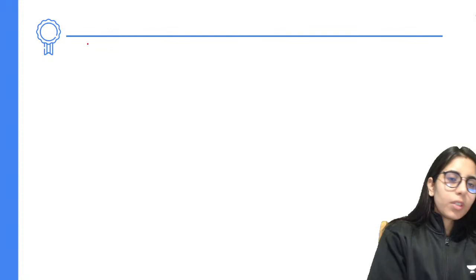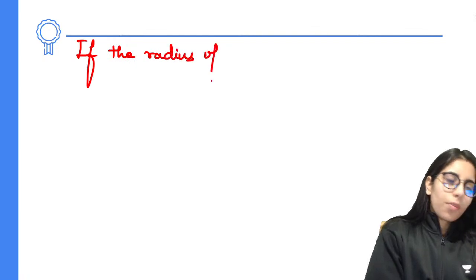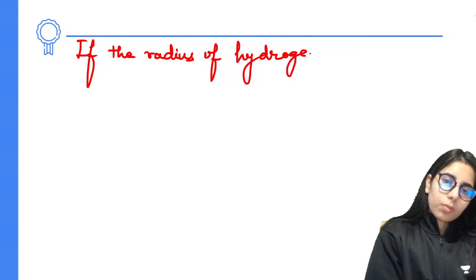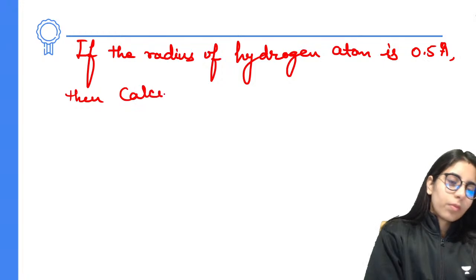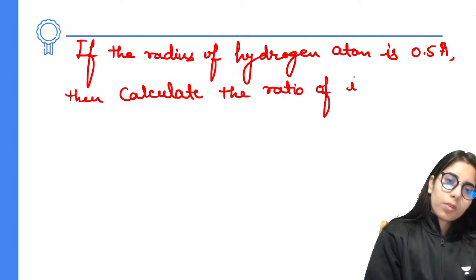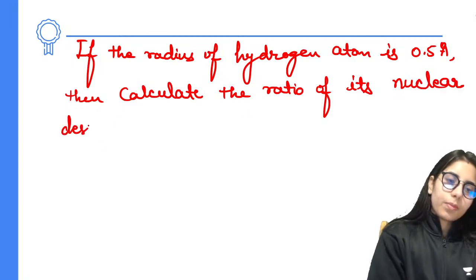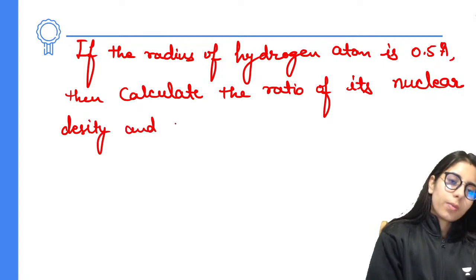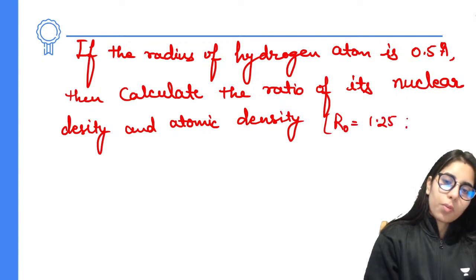If the radius of hydrogen atom is 0.5 angstrom, then calculate the ratio of its nuclear density and atomic density, that is R naught, the constant, is equal to 1.25 Fermi.